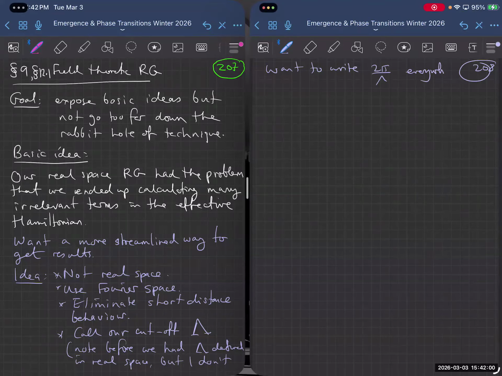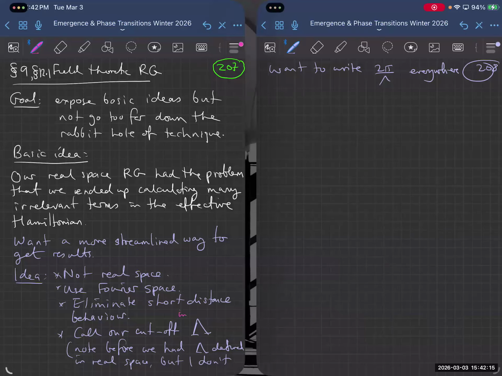So where I used lambda before in real space, now I'm going to use 2 pi over lambda in k space. I'm now going to define our cutoff lambda to be in momentum space, in k space. Okay, so that's something that is different.